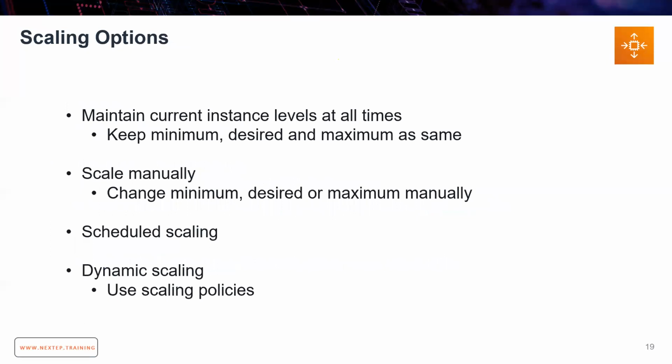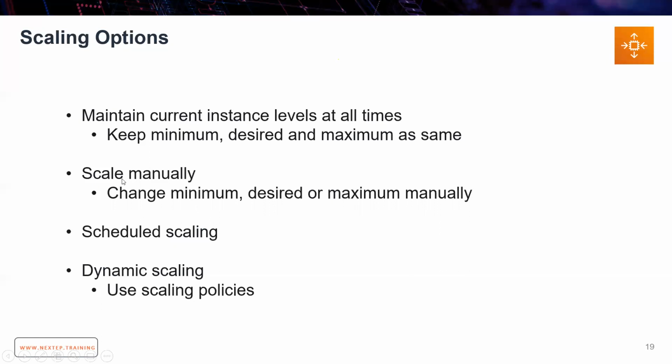So the first scaling option is to maintain current instance levels at all times. You can keep the minimum, desired, and maximum the same. This is a simple option here, guys. It's if you really want to maintain the current instance level at all times, meaning you are manually saying that my web server needs 5 instances, keep them all the time.